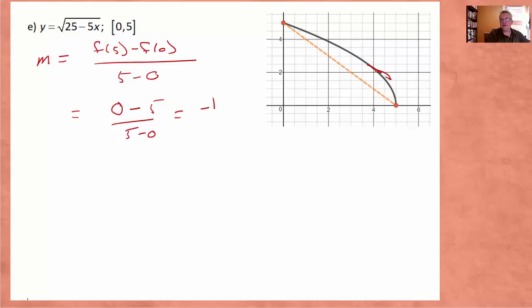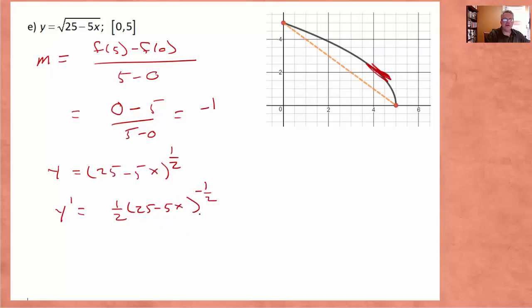I think there's one over here somewhere. Well, we've got to take the derivative of this. I'm going to do it by hand, just to review taking the derivative. Remember, when we take the derivative of a square root function, we should write it as that function to the 1/2, and we're going to use the general power rule. y prime would be 1/2 times (25 minus 5x) to the minus 1/2, times the derivative of the inside function.